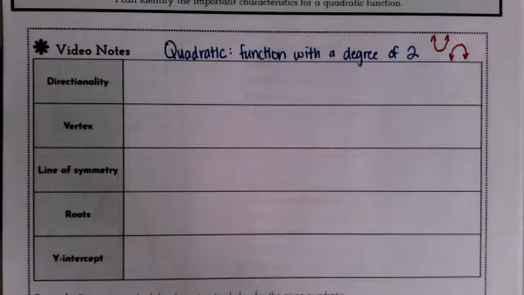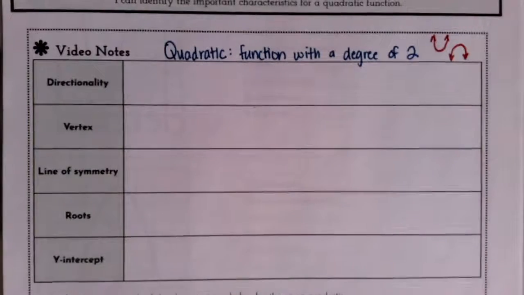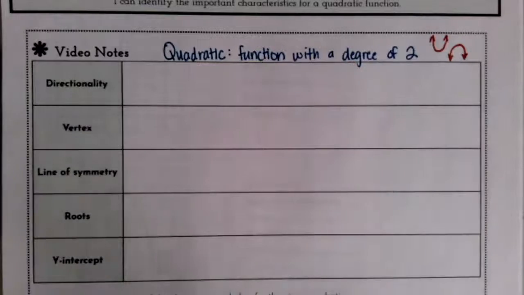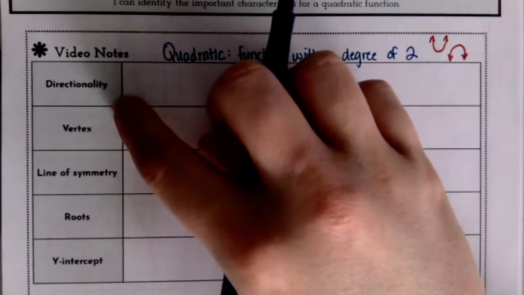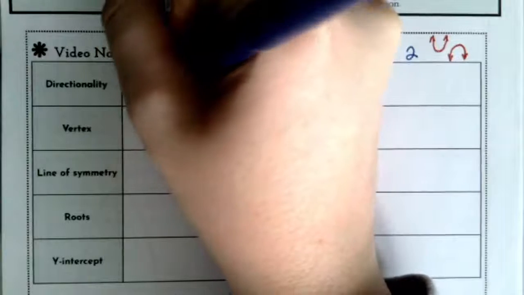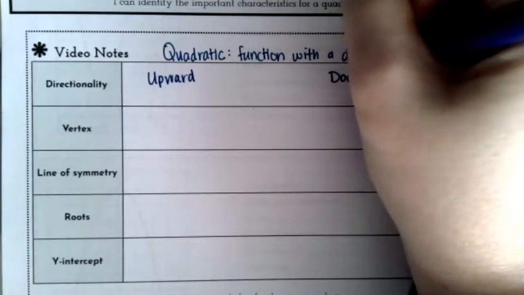So now 5.2.1 is going to ask you for these characteristics of a given quadratic. So you'll be given the graph and then asked to identify each of these things. The first is the directionality, and we only really have two choices. We have upward and we have downward.